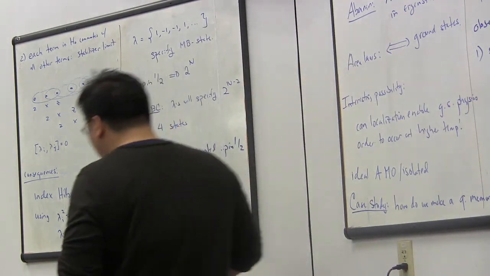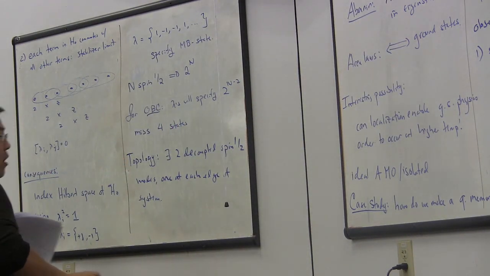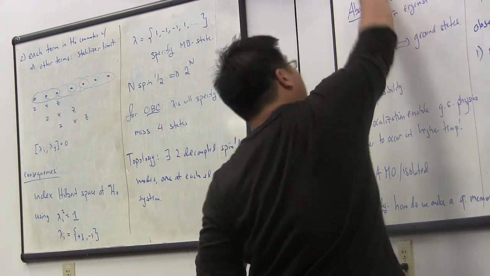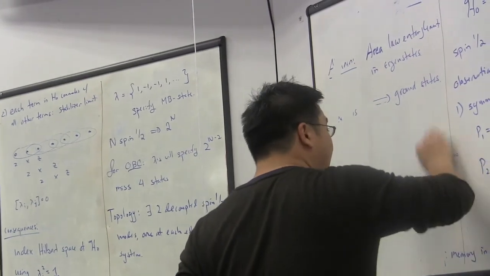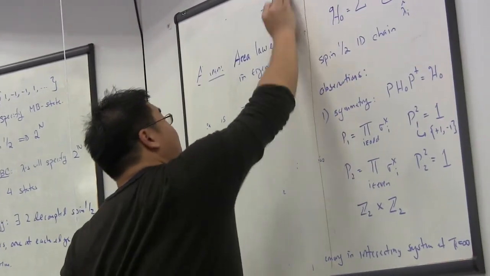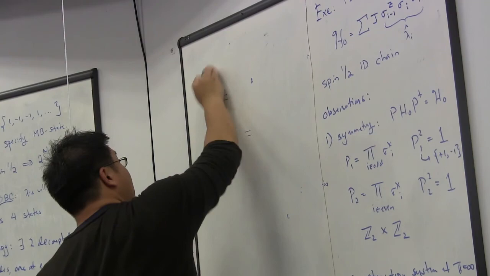So I can write down what those operators are. In the interest of time, you can look at that in the notes. But now let's get to the final couple of minutes just to explain where many-body localization comes into this.